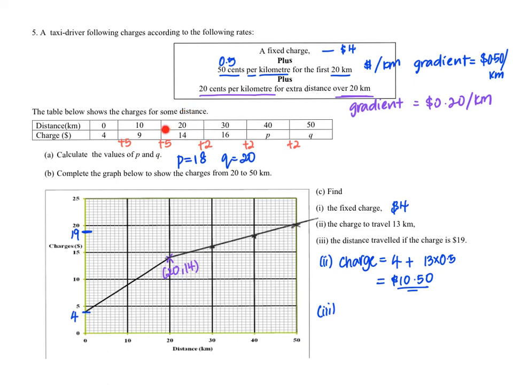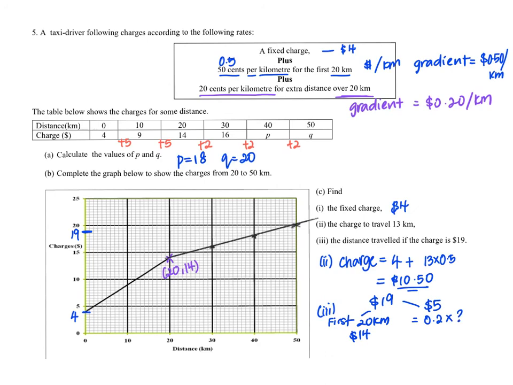Now for $19, we check. This one here, the 20 kilometers mark, is already $14. So for the first 20 kilometers, I will have $14. That means my extra $5 is for the next length of distance. So for the first 20 kilometers, I already paid $14. That tells me I'm remaining $5, and this $5 can be found by taking 0.2, which is 20 cents, times a certain amount of distance.